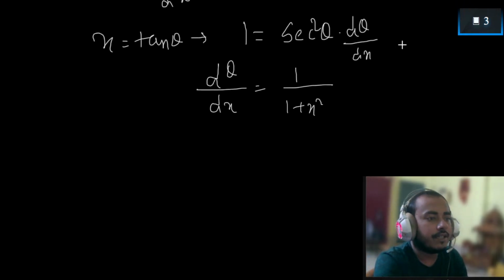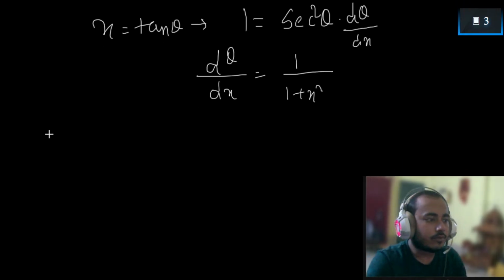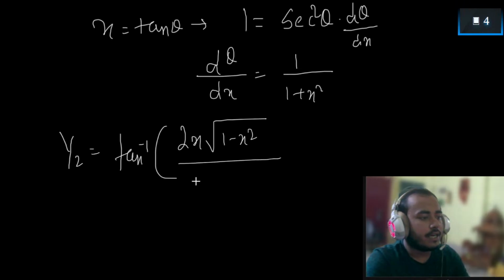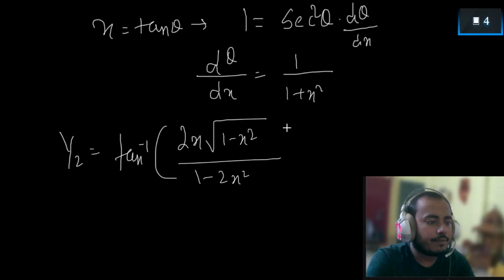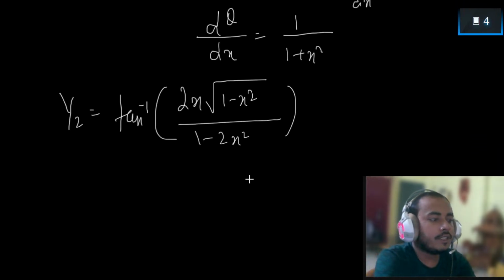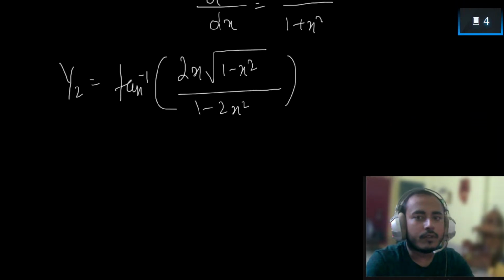Now we can do the same with y2. Y2 was tan inverse of 2x root over 1 minus x square divided by 1 minus 2x square, I presume. Yeah. We will do the same, but we are going to try and get a different substitution here.